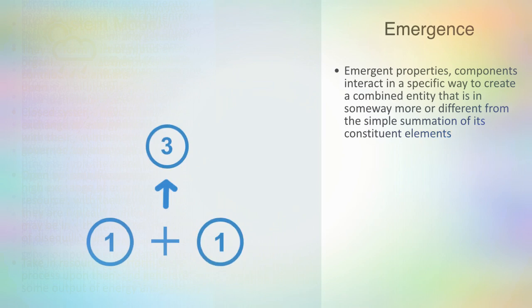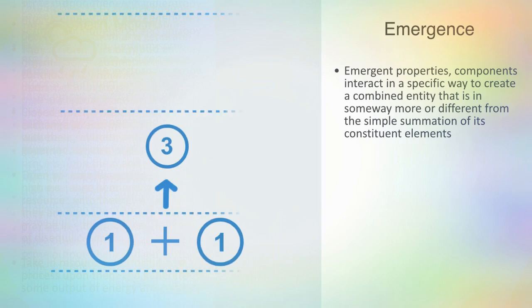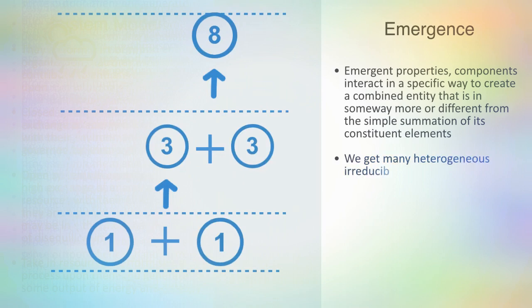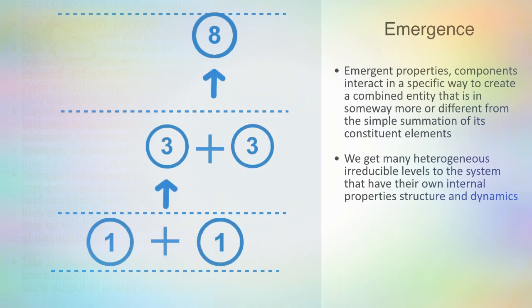This is called a synergy, and this synergy results in the emergence of new patterns of organization as we go from the micro to the macro level. And thus, we get many heterogeneous, irreducible levels to the system that have their own internal properties, structure, and dynamics.